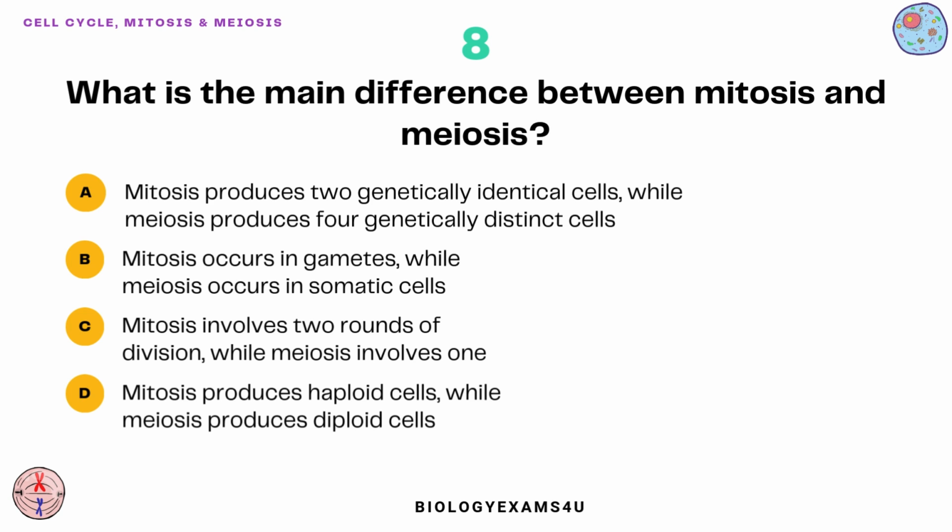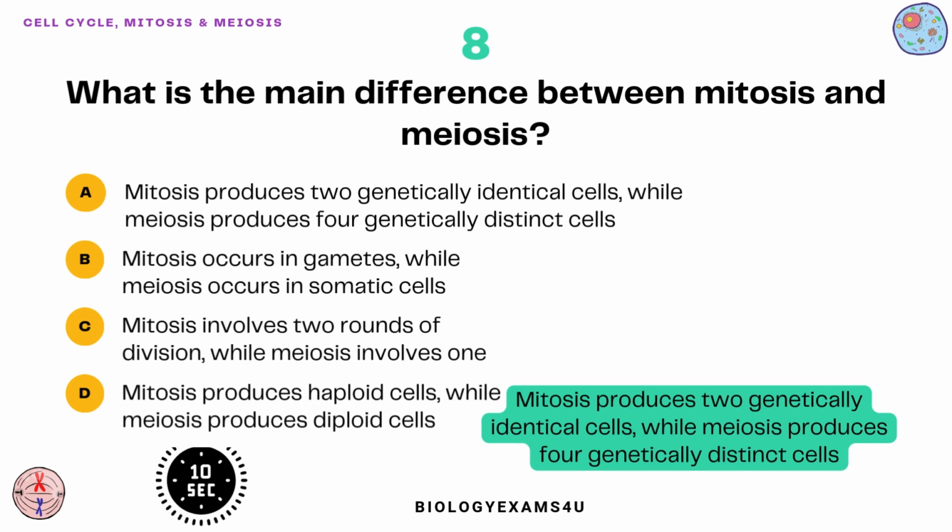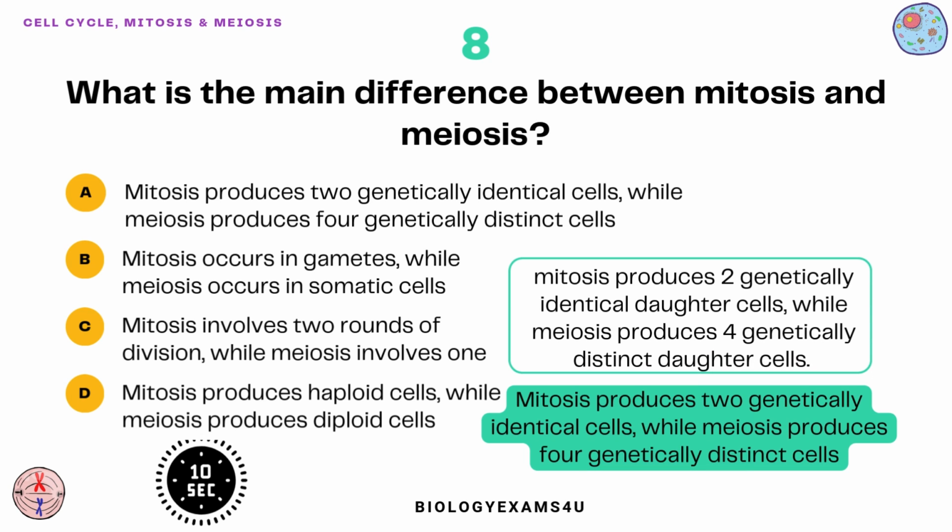And D. Mitosis produces haploid cells while meiosis produces diploid cells. The correct answer is mitosis produces two genetically identical cells, while meiosis produces four genetically distinct cells.